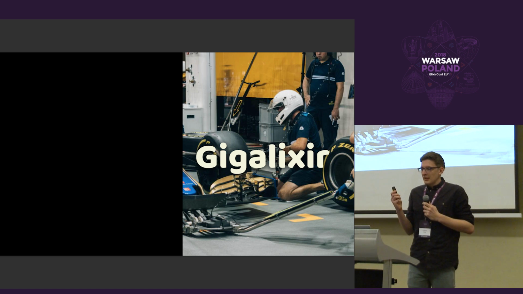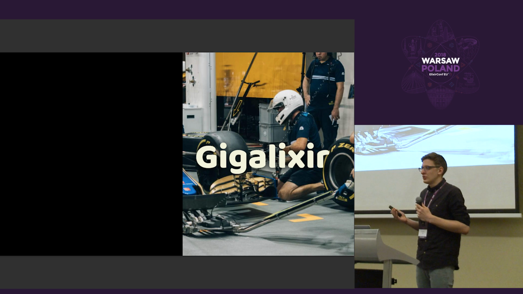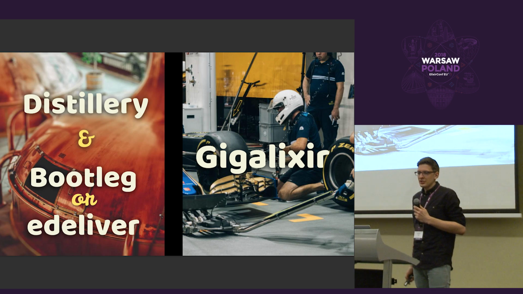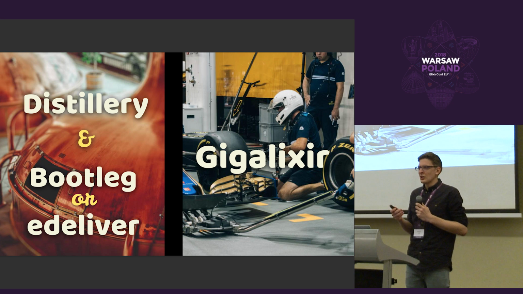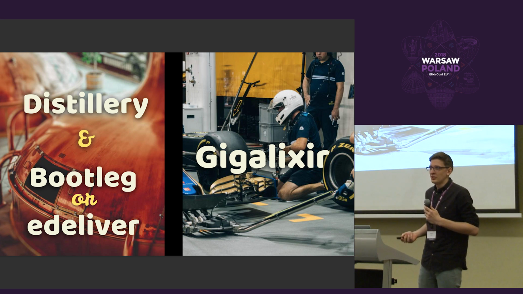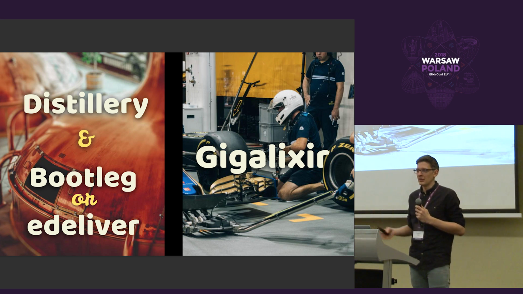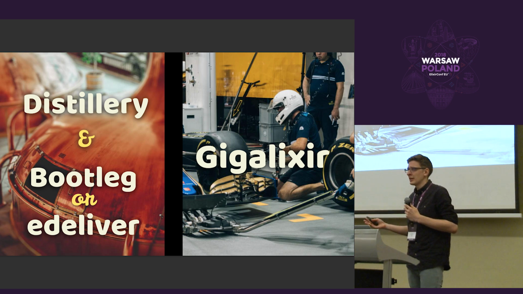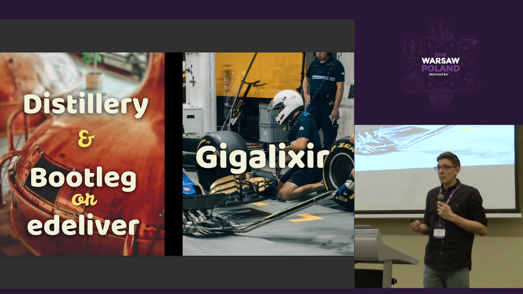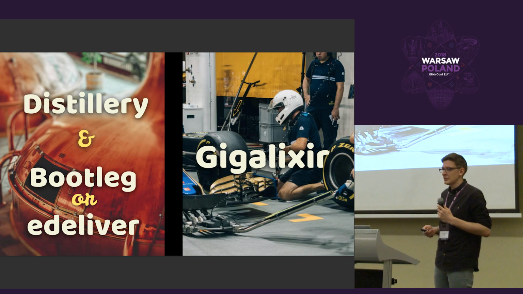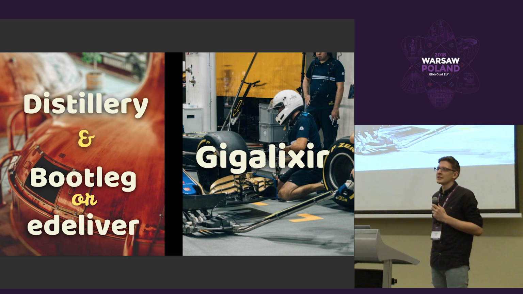Now, on the other hand, if you do want to run on your own infrastructure, I'd suggest using Distillery as the low-level primitive to assemble a release, and then combine that with either Bootleg or Edeliver to handle all the auxiliary stuff like auto-versioning your stuff, getting the correct previous releases downloaded to your build box, compiling them maybe even on a separate build host, and deploying to all your servers.